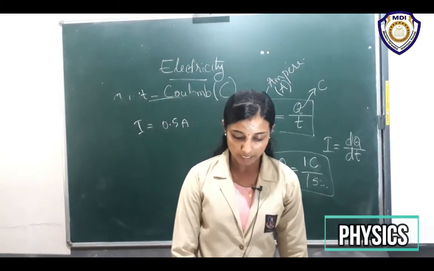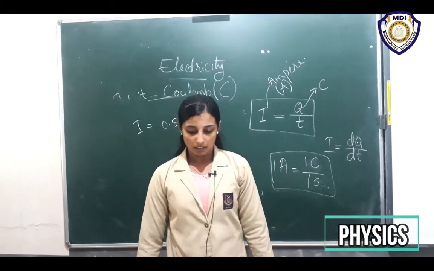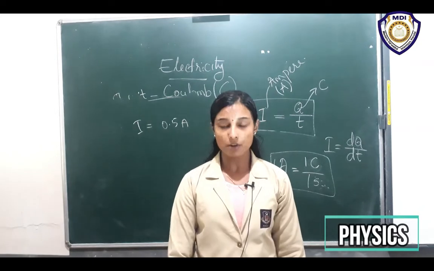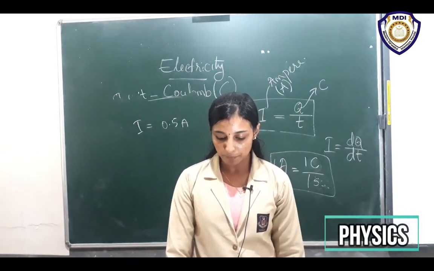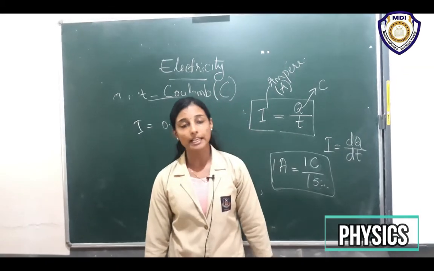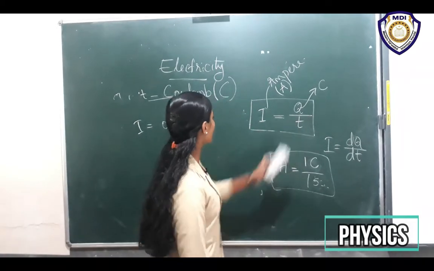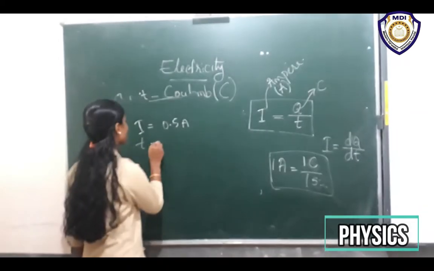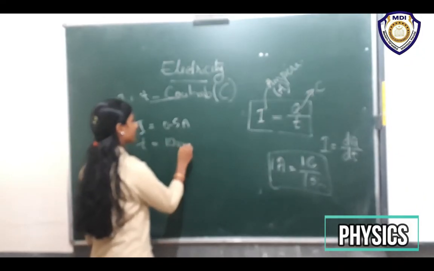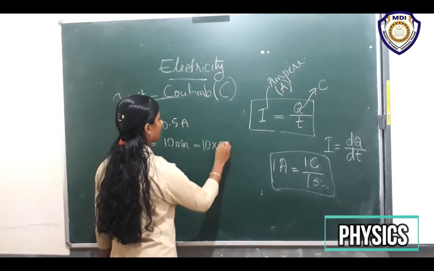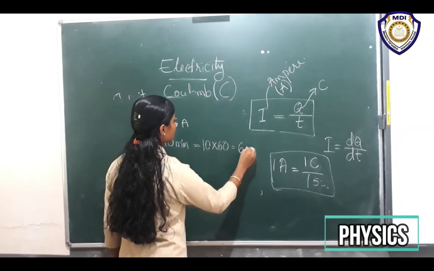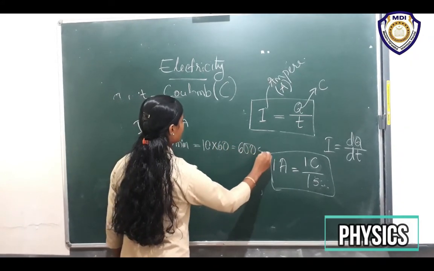And what is the question? 0.5 ampere is drawn by a filament of an electric bulb for 10 minutes. That means T is also given. T is equal to 10 minutes, so 10 minutes is equal to 10 into 60 seconds, that means 600 seconds.